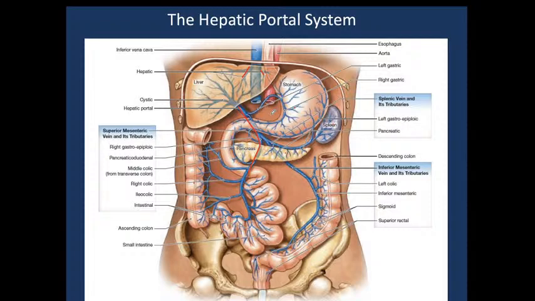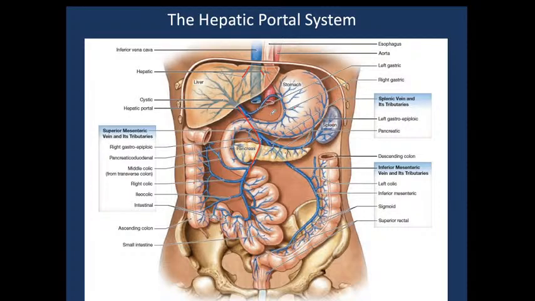For example, levels of blood glucose and amino acids in the hepatic portal veins often exceed those found anywhere else in the cardiovascular system. The hepatic portal system delivers these and other absorbed compounds directly to the liver for storage, metabolic conversion, or excretion.